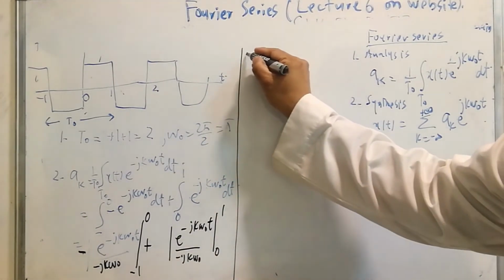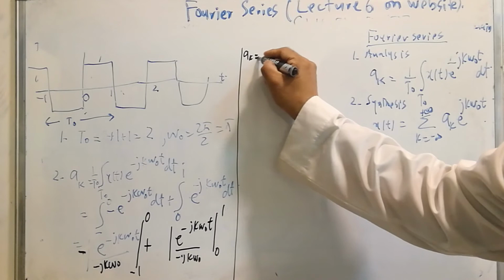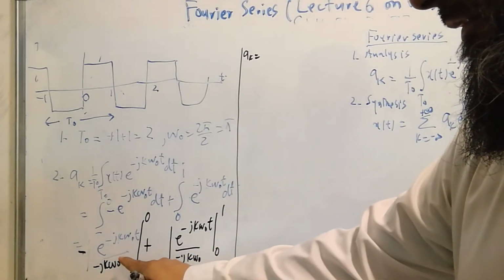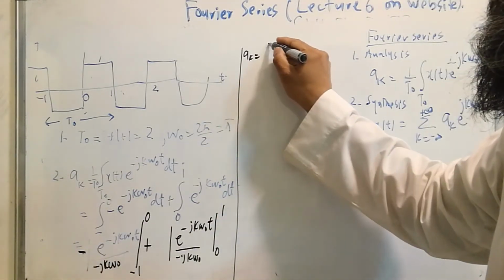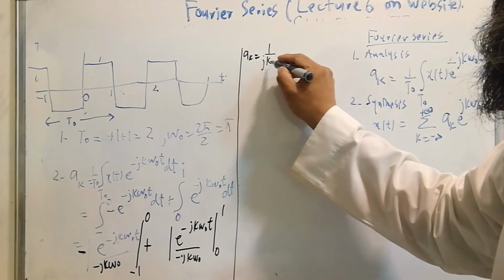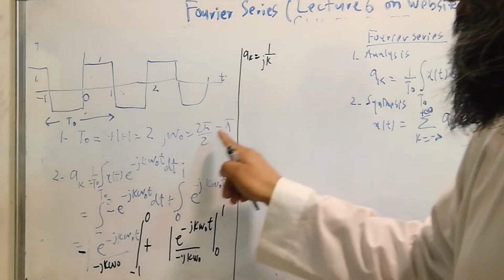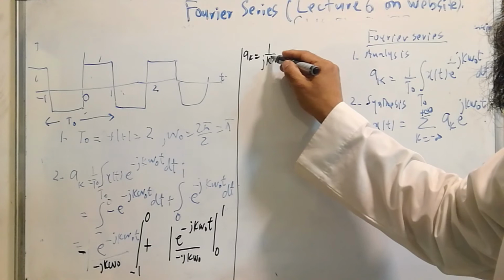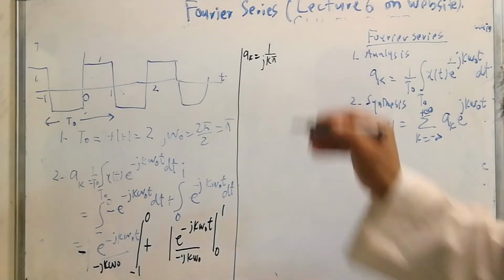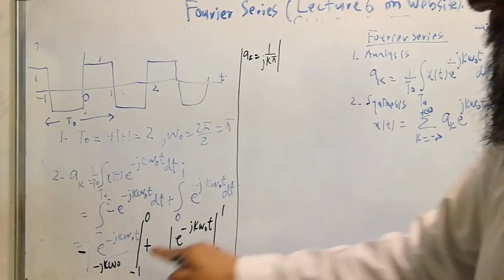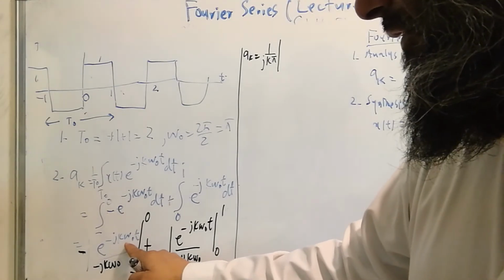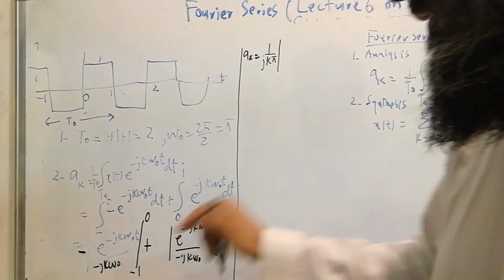So AK is equal to, this becomes plus, so it will be 1 over j k omega naught, which is pi. I can put pi here, and I can put 0 first and then 1.